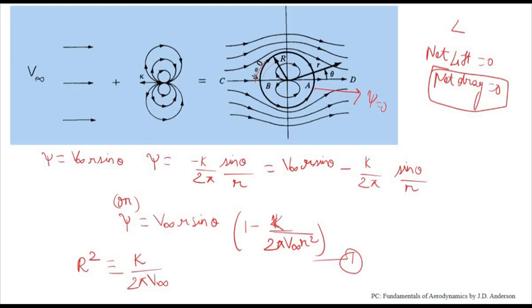After the scientist noted this, it came to be known as D'Alembert's paradox, which is one of the most important terms used in aerodynamics.